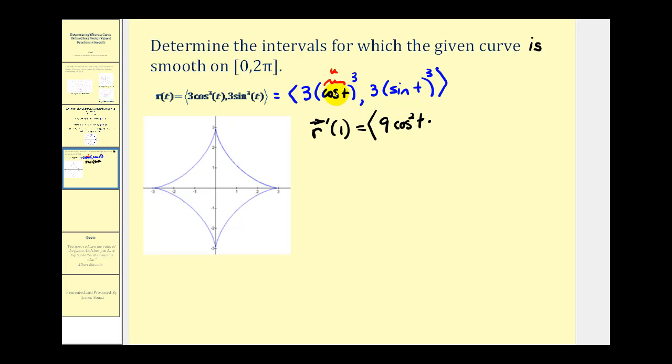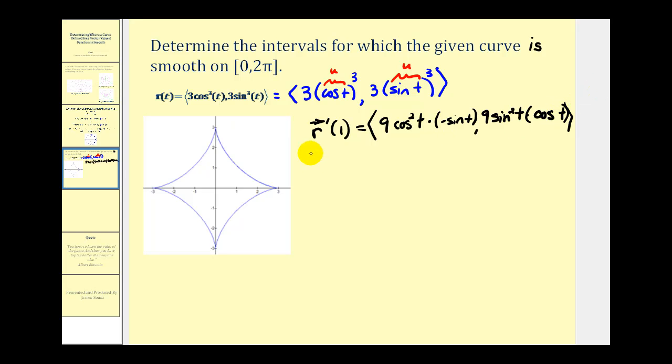The derivative of cosine t is going to be negative sine t. Now for the y component, again, we have to apply the chain rule here, where sine t is equal to u, and u prime will be cosine t. So we're going to have 9 sine squared t times cosine t. Cosine t is u prime.